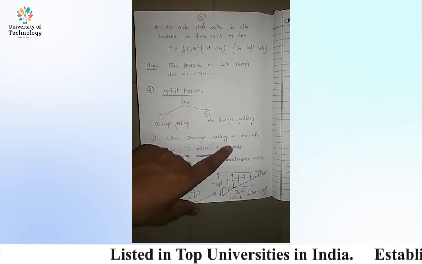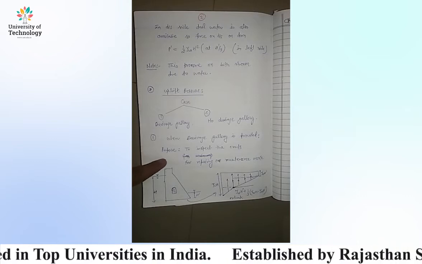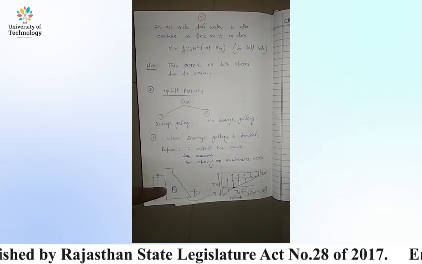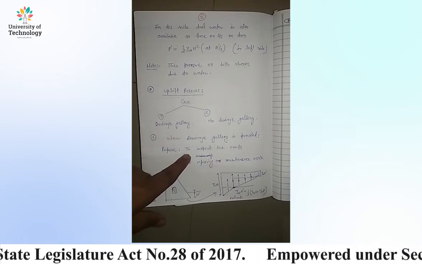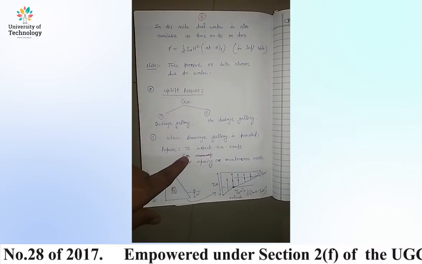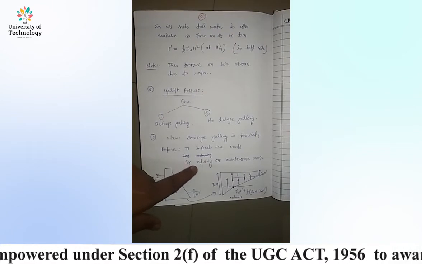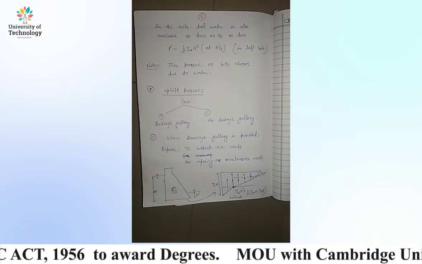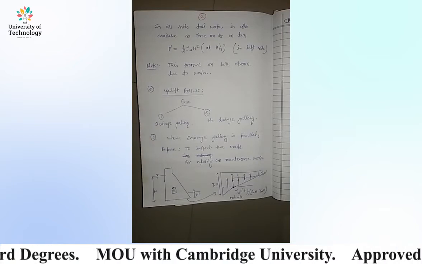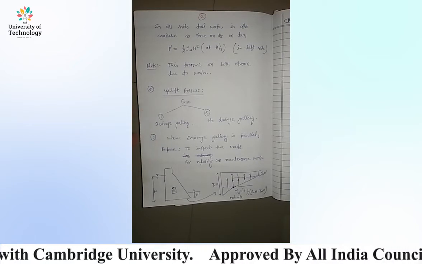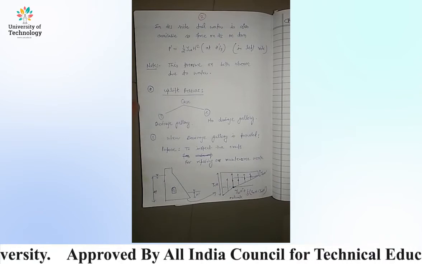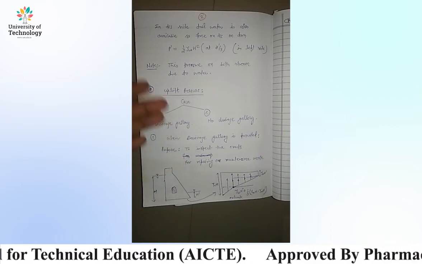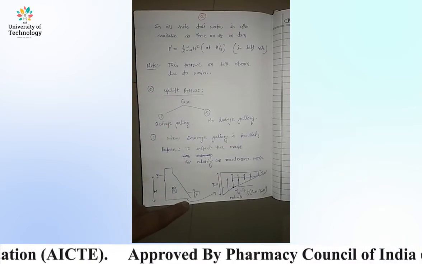When a drainage gallery is provided, what is the purpose of this gallery in the dam? The first is to inspect cracks, and the second is for repair and maintenance work. The labor or maintainer can pass through this gallery, and inspect and repair the work.